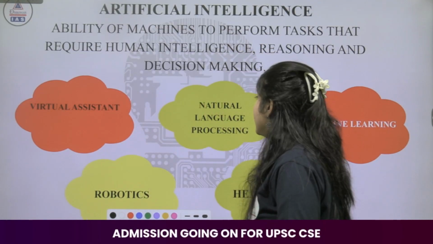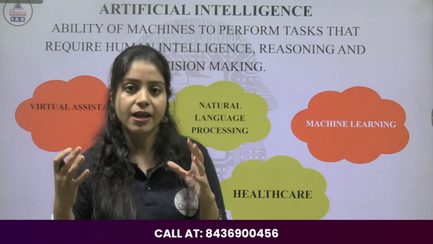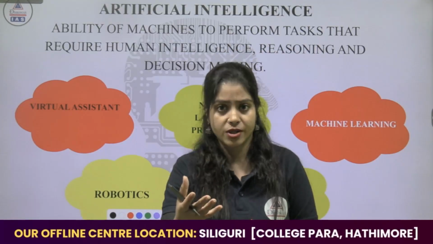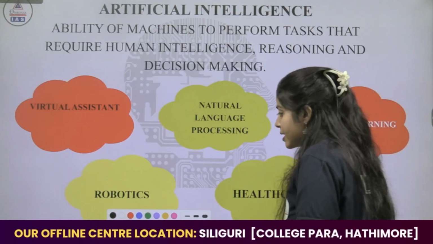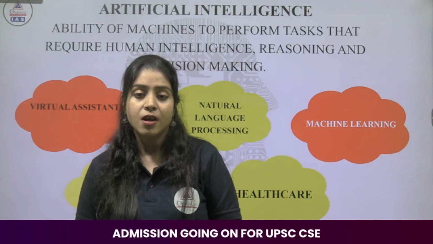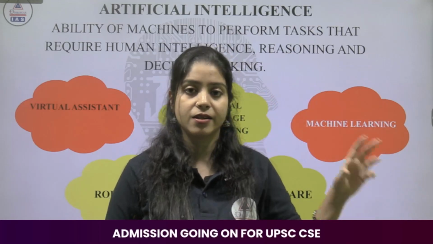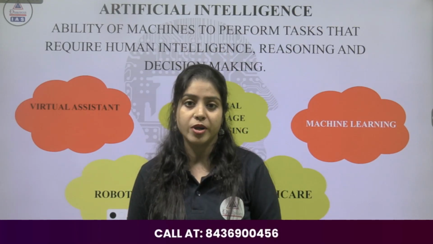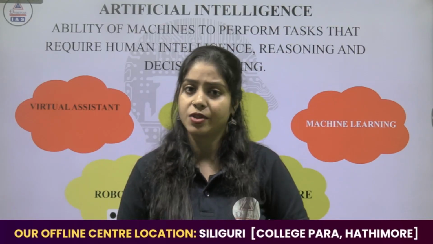Then natural language processing: the chatbots we use can analyze human languages and answer your questions. Then machine learning, healthcare units, and robotics. Robotics are used in different segments like healthcare, clinical diagnosis, surgery also, and medicine development. So there are huge application segments of artificial intelligence.